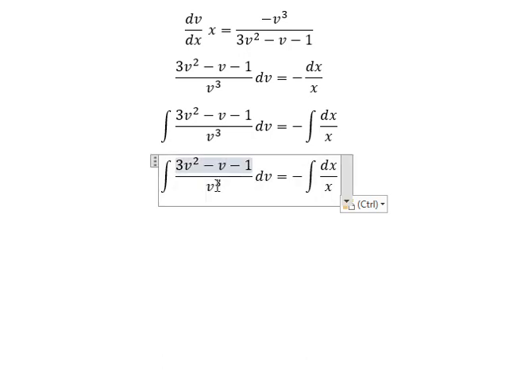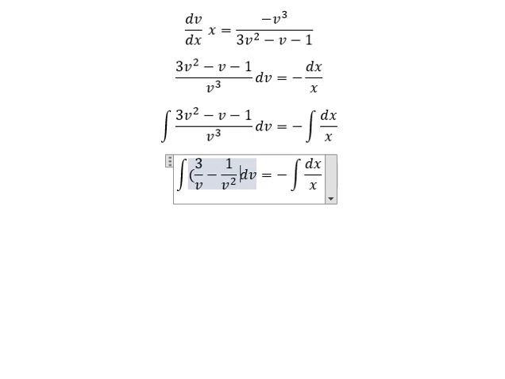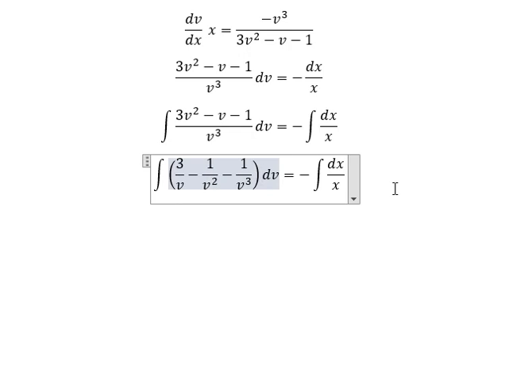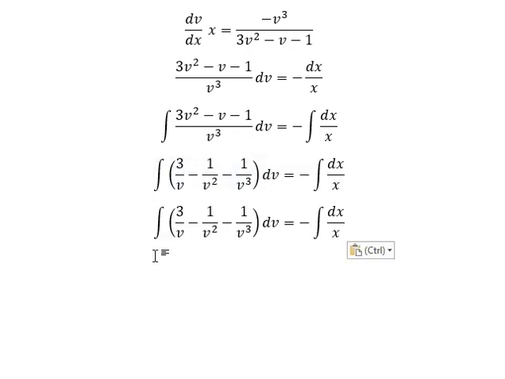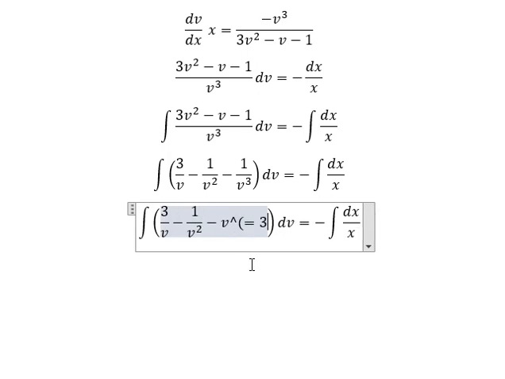This one divided by this one, number 1 divided by v to the power of 3. So we have like this. So this one is v to the power of negative number 3.